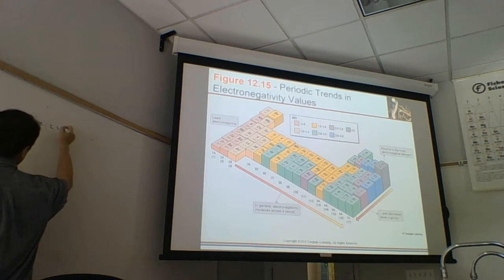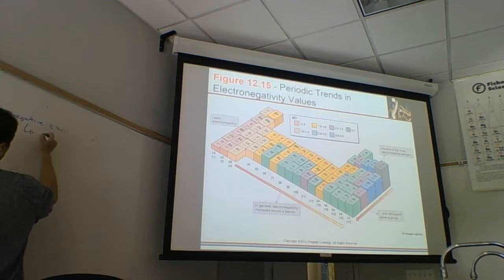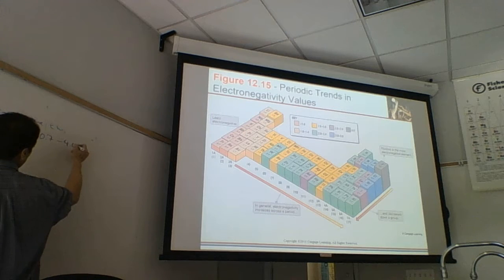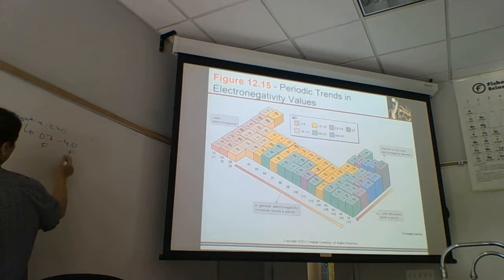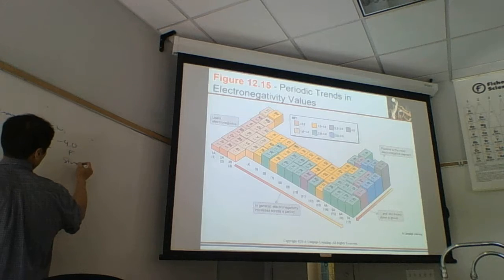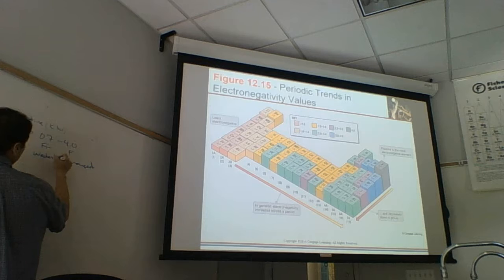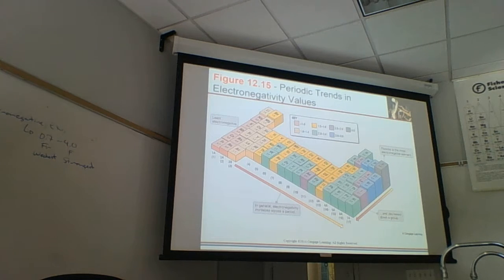Electronegativity goes from 0.7 to 4.0. 4.0 for fluorine, 0.7 for francium. And so fluorine's going to be the strongest, francium's going to be the weakest. And so when we pair them up, like chlorine versus chlorine, chlorine's pretty strong, but chlorine versus chlorine, the difference is 0, so it's going to have to result in a tie.